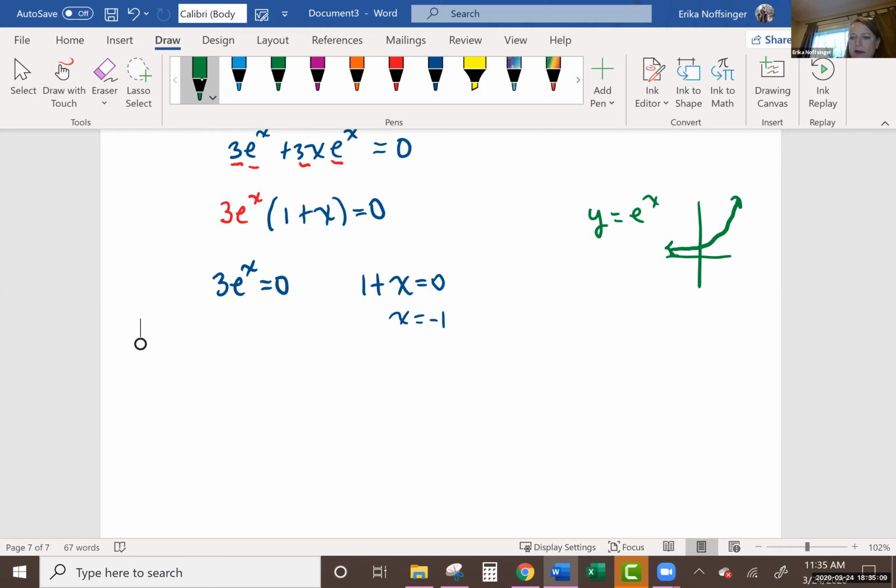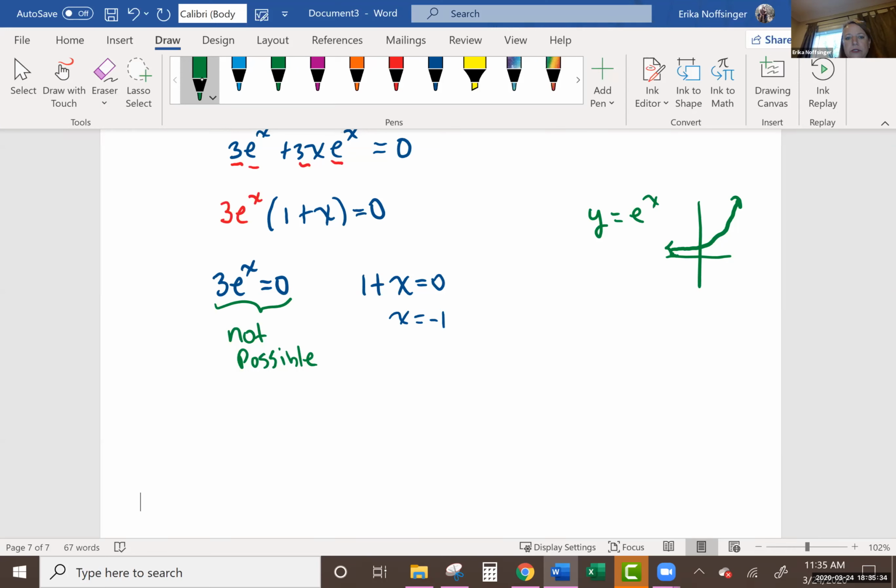So that 3 is not making it equal 0 ever by multiplying. And so right here, this is impossible. If you divided by 3 and took the natural log of both sides, you would have had to take the natural log of 0, and if you plug that in the calculator, you're going to get an error. Again, showing you that is not possible.